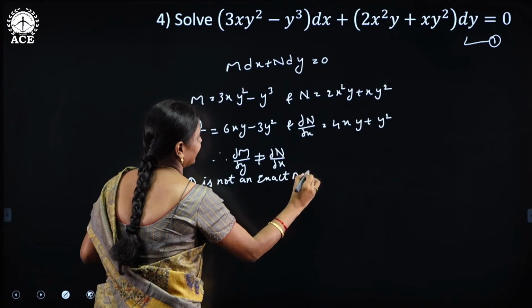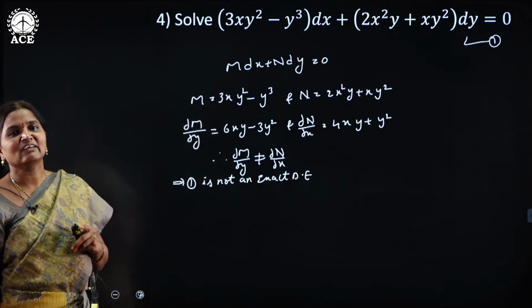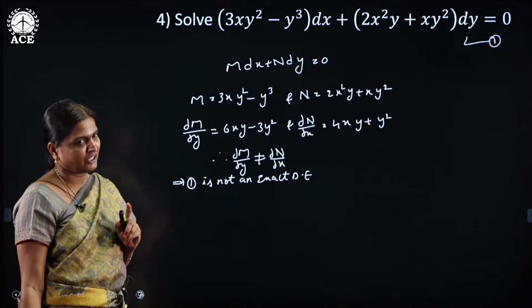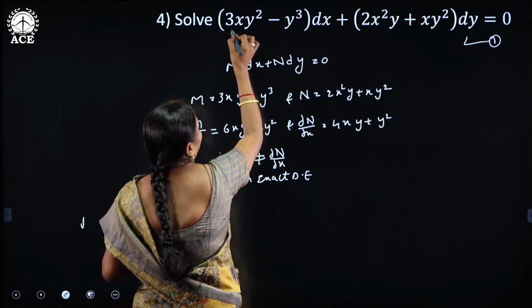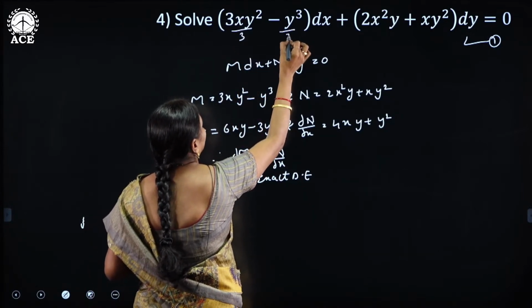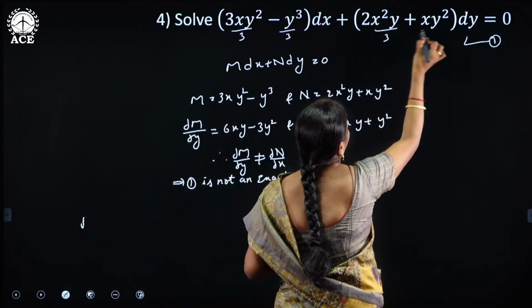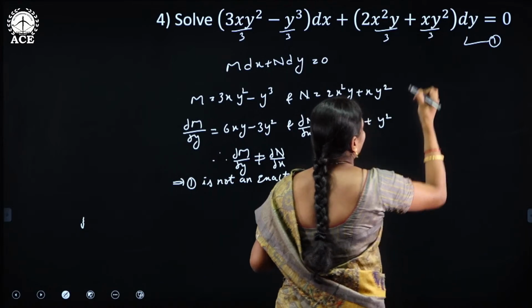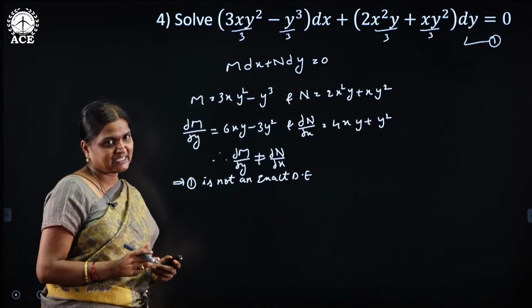When it is not an exact differential equation, identify the nature of the given differential equation. So observe method-wise. What is the degree of each term? Degree of this term is 3. Degree of this term is 3. That means the degree of each term of the given differential equation is the same.